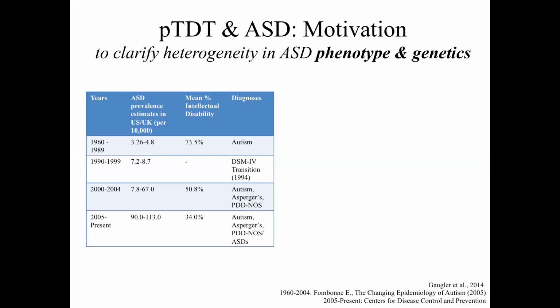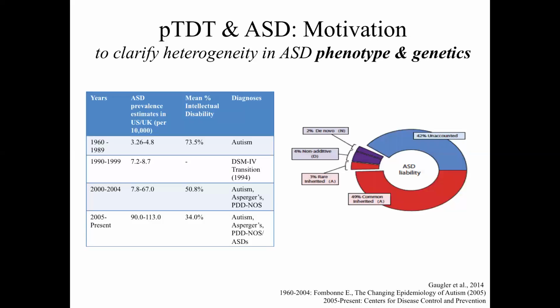And one of the areas where there's great heterogeneity in phenotype is in cognition, where particularly over the last few decades, there's been a real diagnostic expansion at the high functioning end, shown by the increasing ASD prevalence rates and the decreasing rates of mean intellectual disability, showing that there's been this expansion of the high functioning end characterized by IQ roughly at the general population mean.